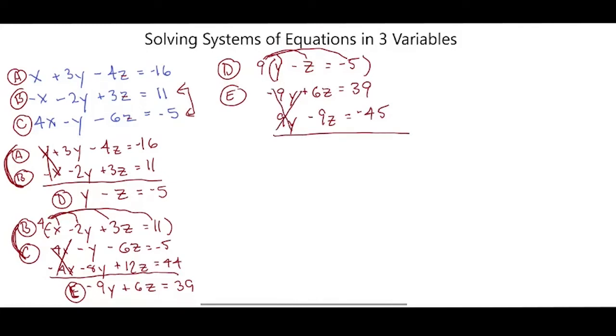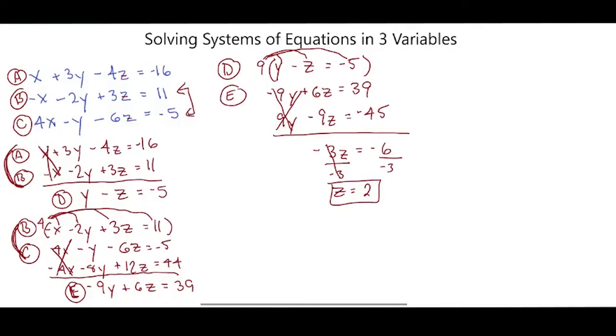So now I have 6z minus 9z, that's negative 3z, equals 39 minus 45 is negative 6. Well, solve for z. I'm going to divide both sides by negative 3. So z equals 2.